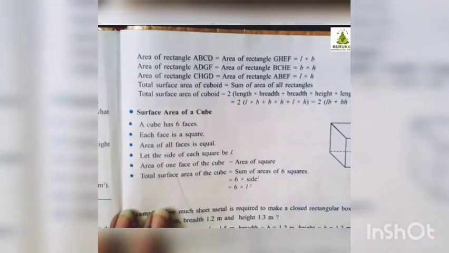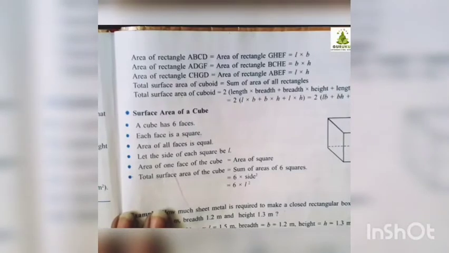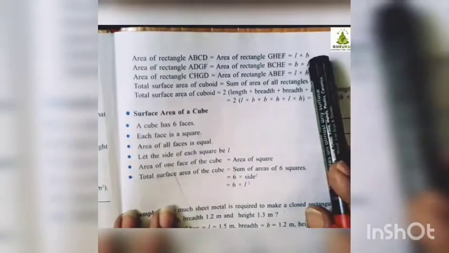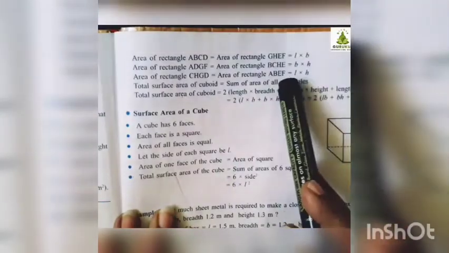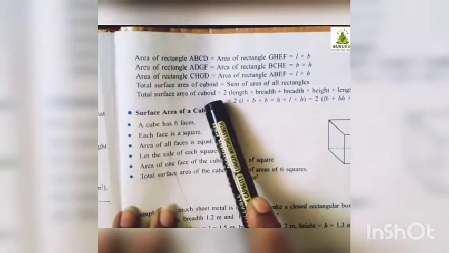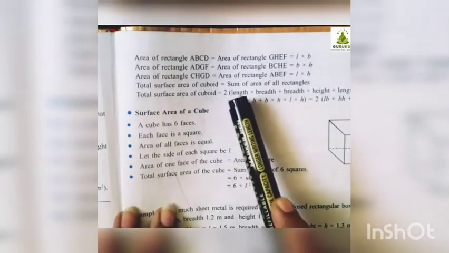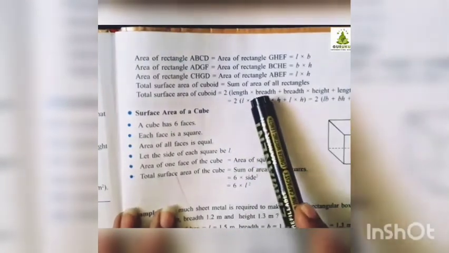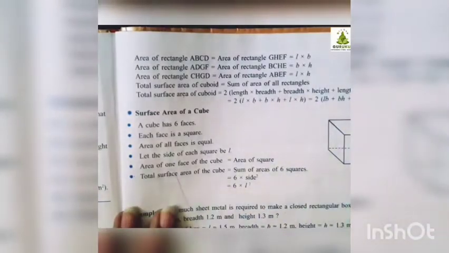We know the area of a rectangle is always length into breadth, so here L into B, then B into H, and L into H. Now the total surface area of this cuboid is equal to the sum of the areas of all rectangles.